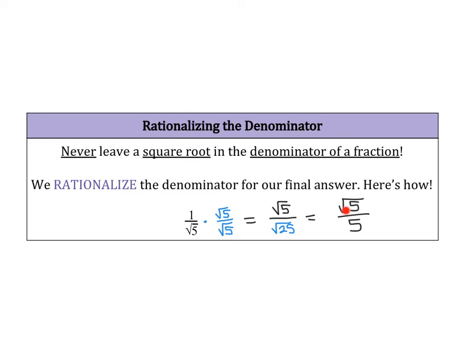So it's okay to have a square root in the numerator of our answer, but it's never okay to leave it in the denominator. By rationalizing, the square root in the denominator should disappear, because you should always end up with a perfect square. So this is what our final answer looks like. And just note that we can't divide these two numbers because this is a square root and this is not.